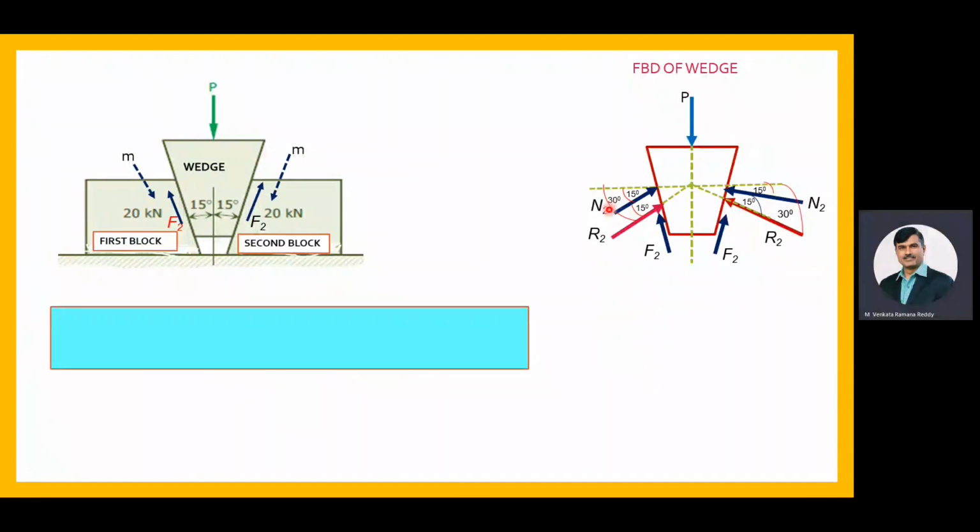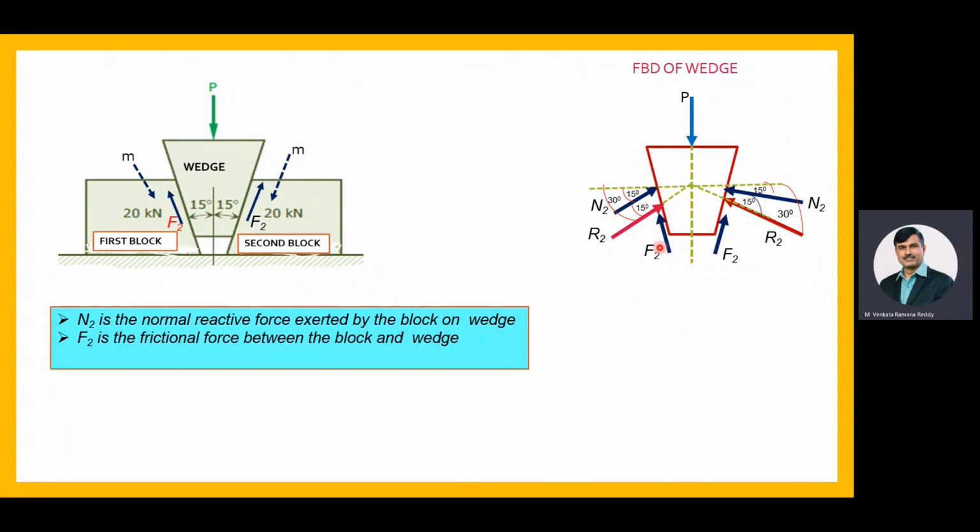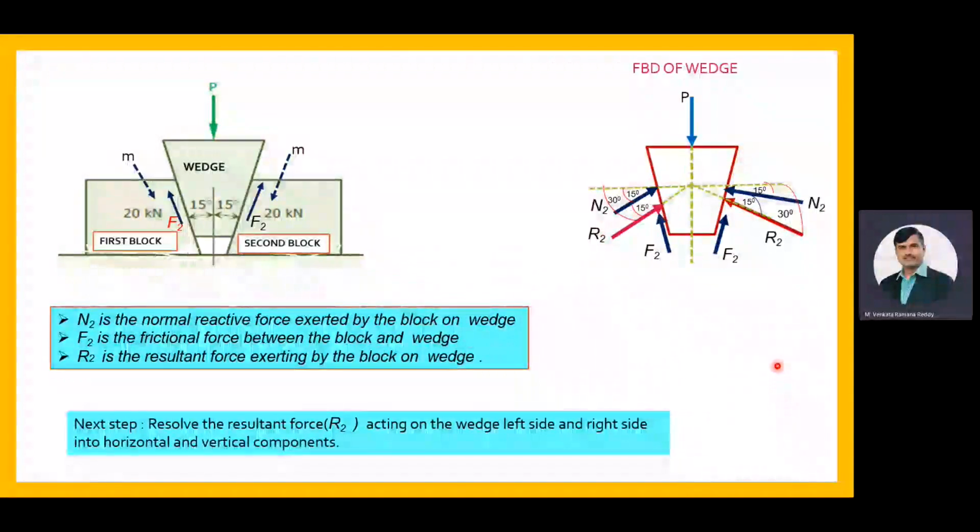Here, N2 is the normal reactive force exerted by the block on the wedge, and F2 is the frictional force between block as well as wedge. R2 is the resultant force exerted by the block on the wedge. Now we will resolve the resultant force R2 into its horizontal as well as vertical components.